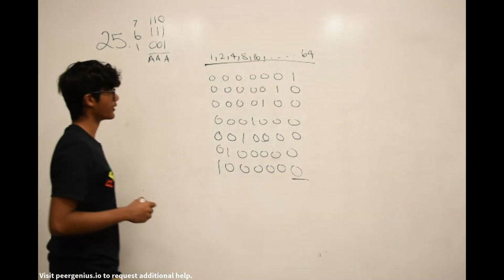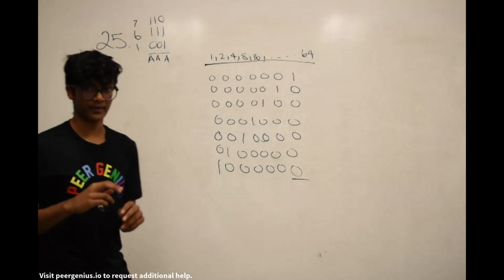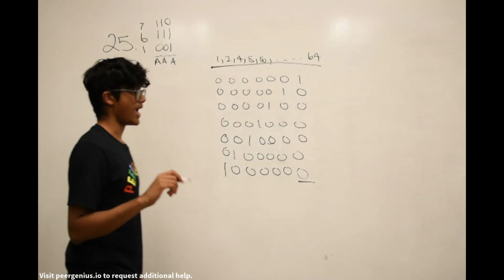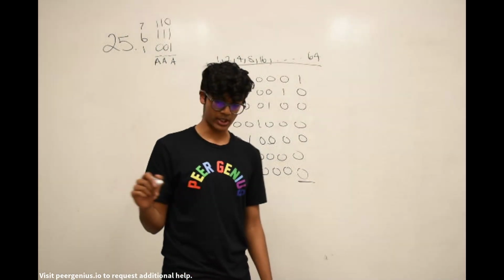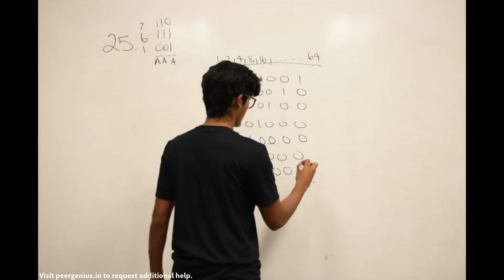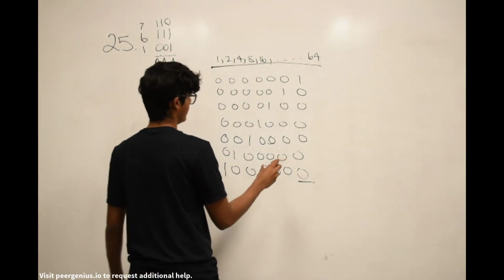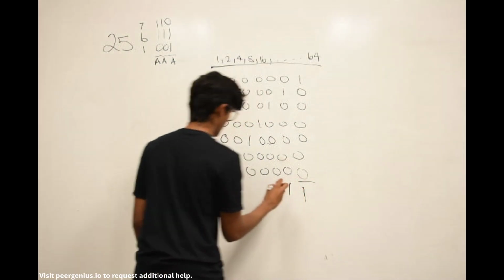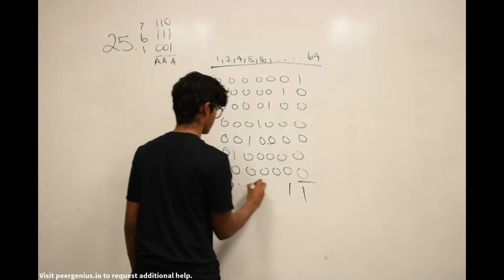Any single number that you add here is going to toggle the A. If you think of the A being present or not as a switch, that's why we call it toggling. Let's say we add the number 3. That's going to be 1, 1, and then zeros all throughout.